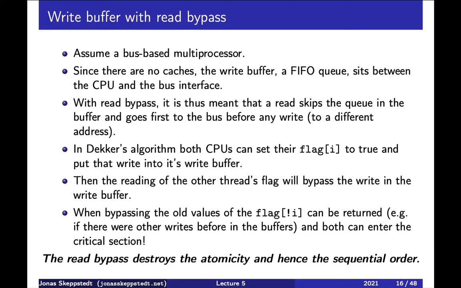And for this case that we have no cache memories, this FIFO queue is between the CPU and the bus interface. So what does this machine look like? Well, there is a bus, a common communication medium, so that all connected devices such as CPUs and memory can hear everything that anyone says.